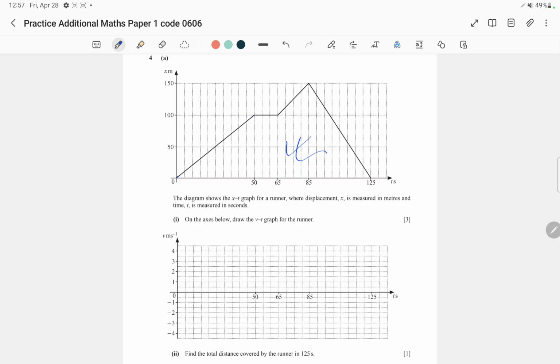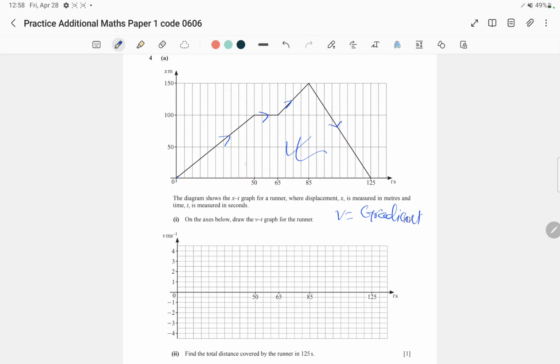For that we know velocity is dx over dt, right? Or you can say slope or gradient of this line. So that will be your velocity. So you can write velocity is gradient.